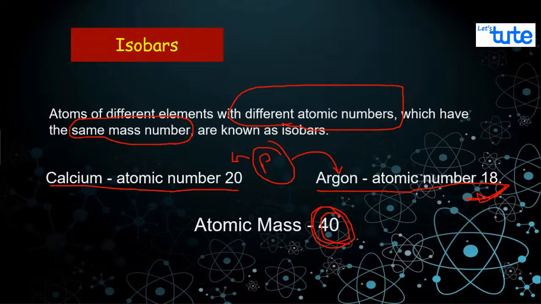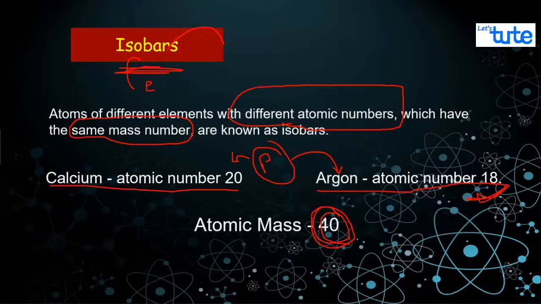Therefore, they are isobars. The word is derived from the Greek words isos and baros, where isos means equal and baros means weight. So equal weight, which here is considered as atomic mass.